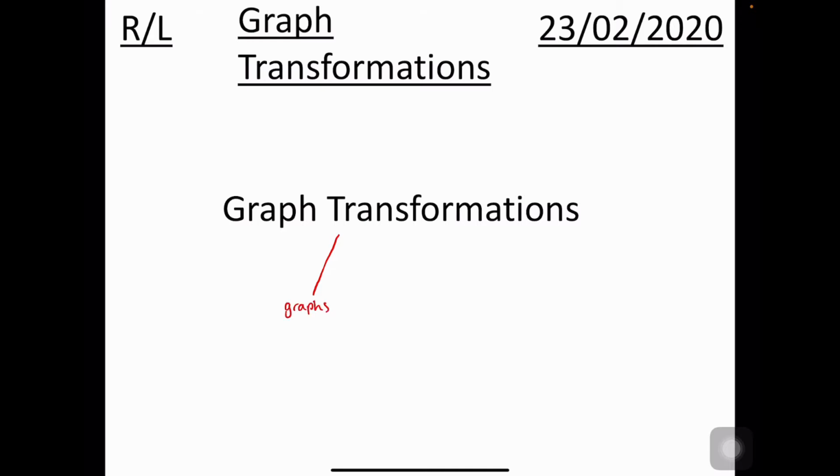So what different linear graphs look like, what different quadratic, cubic, reciprocal graphs look like, because we will be transforming them. Of course, you need to have a solid understanding of what transformations are, what a reflection is, what a translation is, and there are also stretches as well.